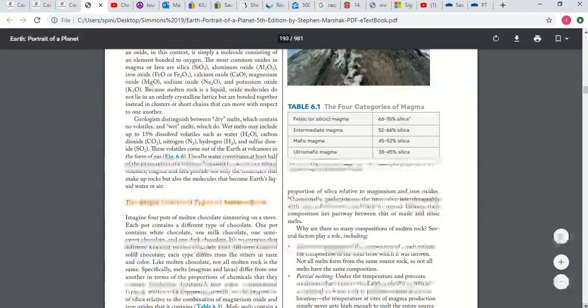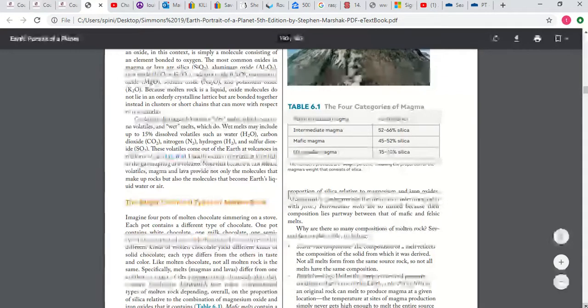So these are the different types, and we'll see gradations of that. For example, you can get to ultramafic, where it has even less silica. This is what you need to know, because this will determine the kinds of rocks that are formed from the different kinds of magma that come to the surface and form these rocks. All right.